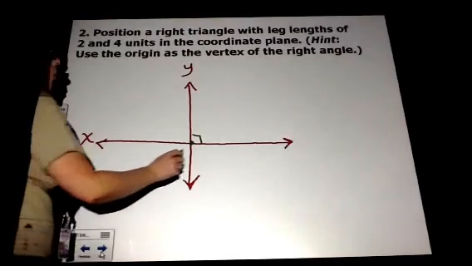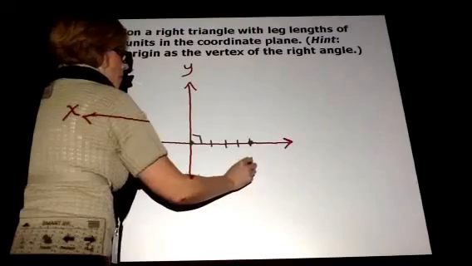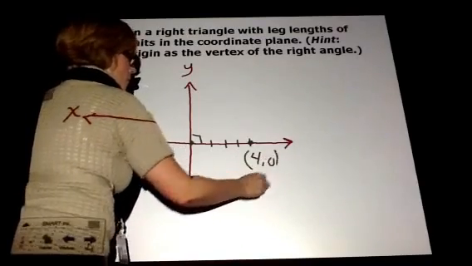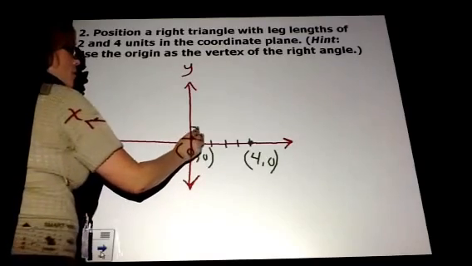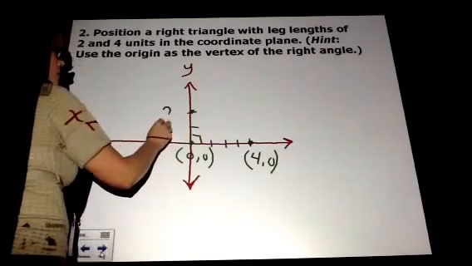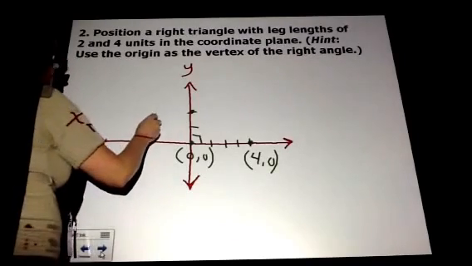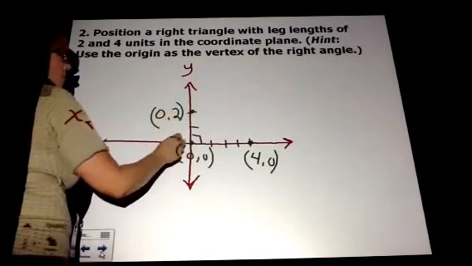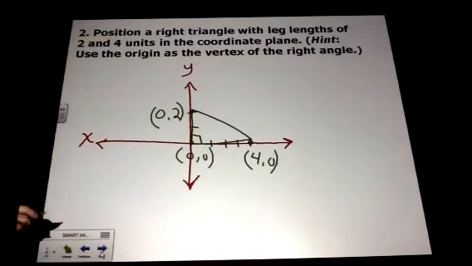Okay, so one leg is 4 units. And one leg is 2 units. So there's my right triangle.